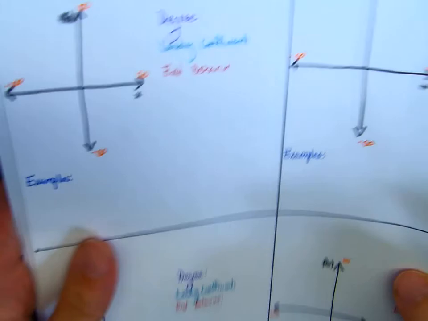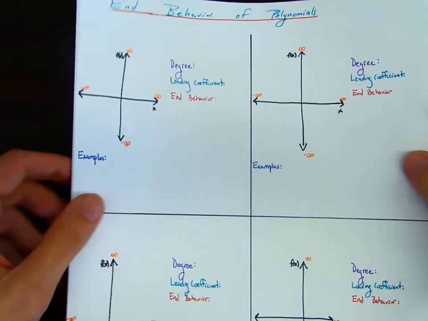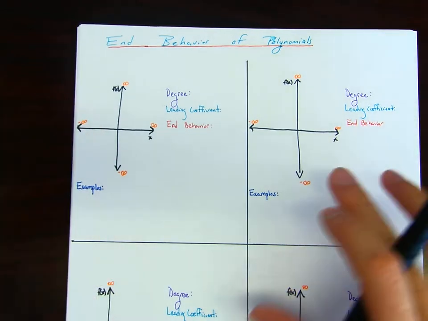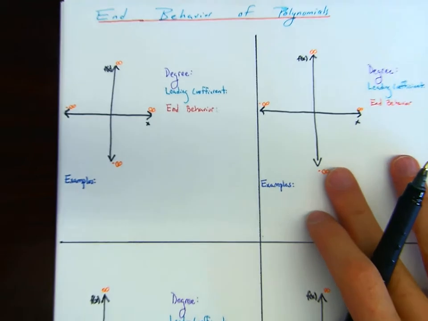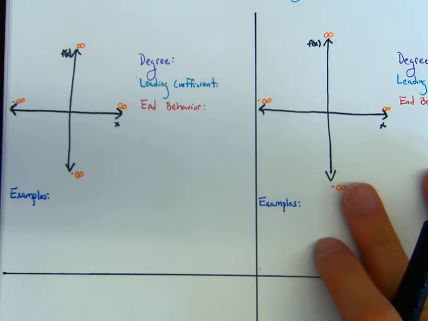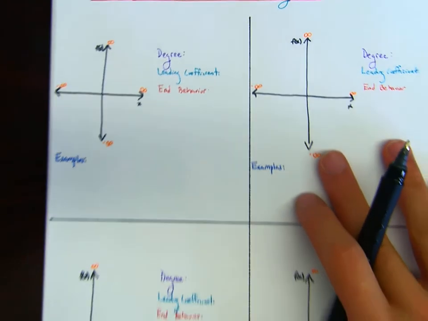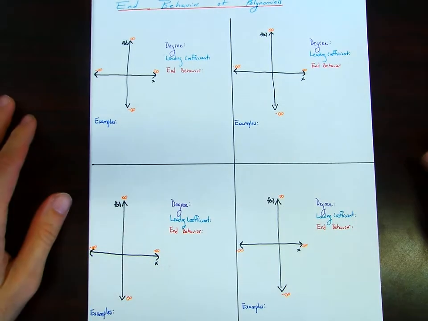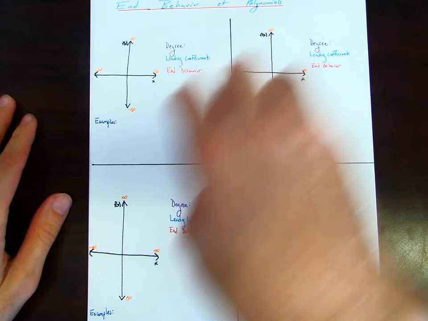Now the final part of the lesson, which will be a very short lesson, is the idea of end behavior of a polynomial. What I'd like you to do is have this in your notes. Try and create this, with 4 sections within your notes.